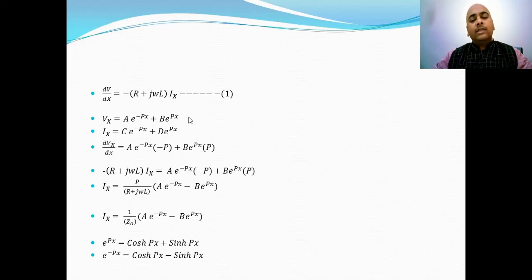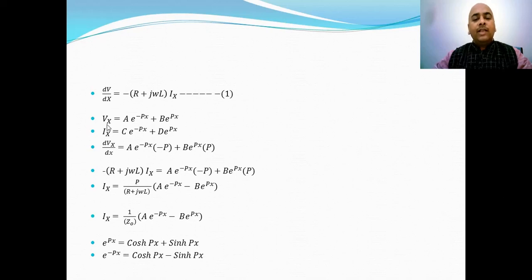Further, from the general expression of voltage or current in a transmission line, we can write that voltage at point x is equal to A e raised to power minus px plus B e raised to power px. Similarly, Ix, that is current at point x, can be written as C e raised to power minus px plus D e raised to power px.